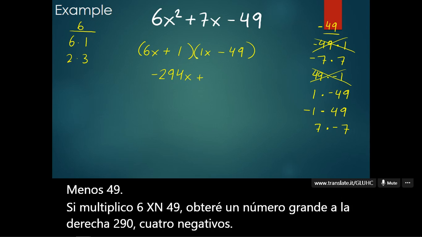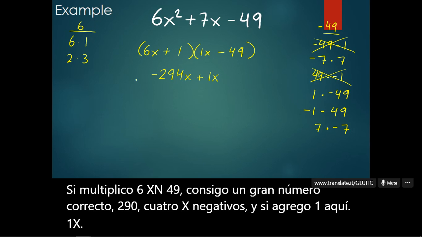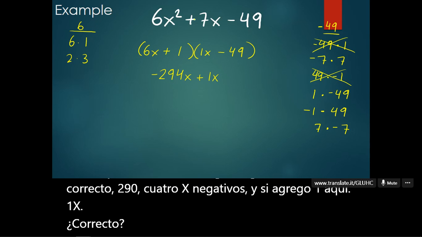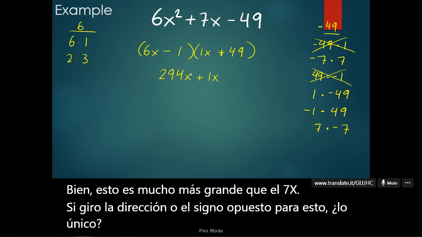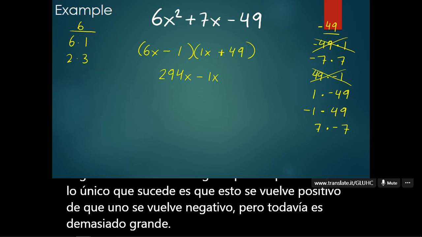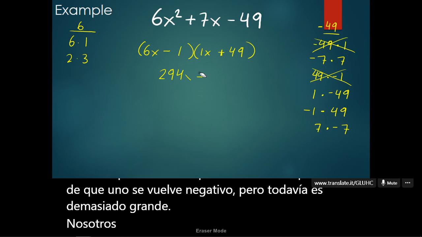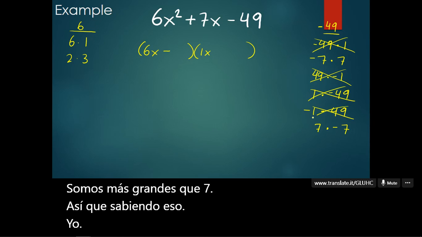And if I add 1x here, this is a lot larger than the 7x. If I flip the opposite sign for these, the only thing that happens is this becomes positive and that one becomes negative, but it's still way too large, way larger than 7. So knowing that, I can also cancel these two.